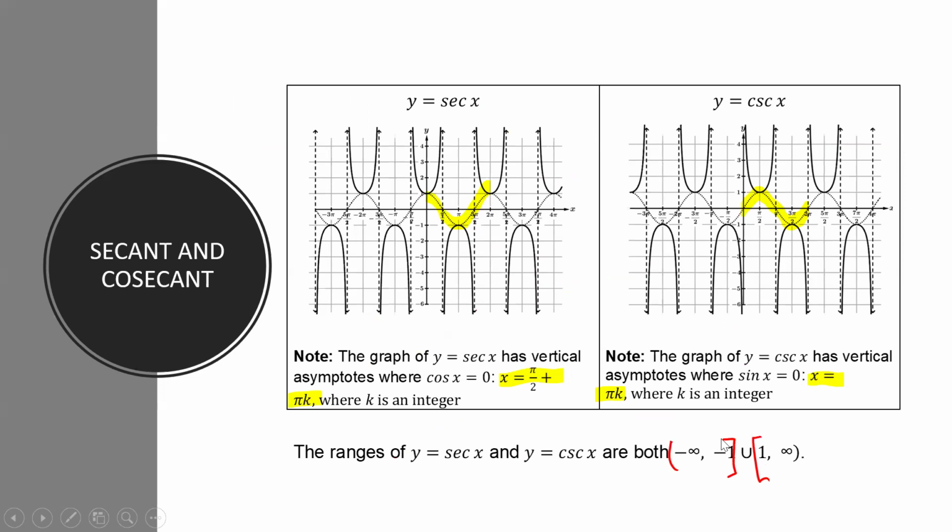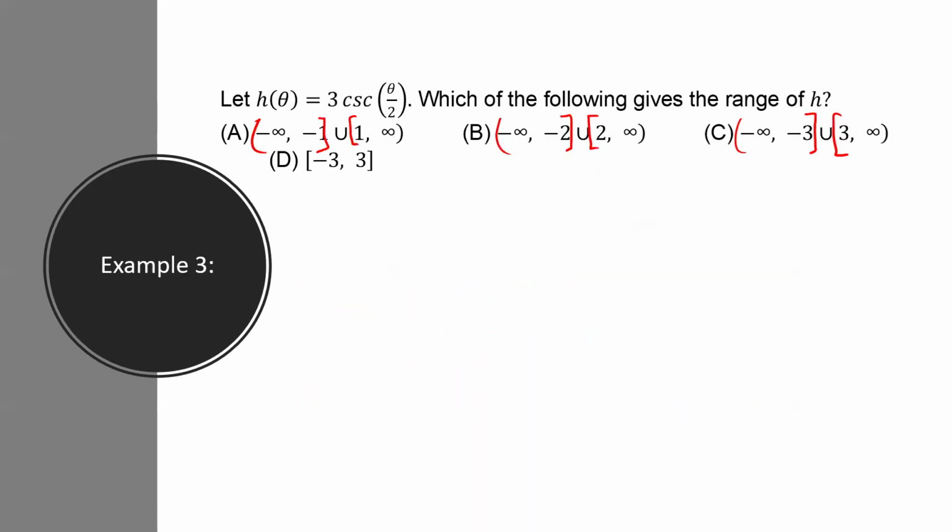Okay. What would have to happen in order for this to change? Would my amplitude change it? My amplitude could change it. My midline can change it too. There's a lot of things that can change it. What we're going to focus on is the amplitude, because we don't have a midline change right now, right?